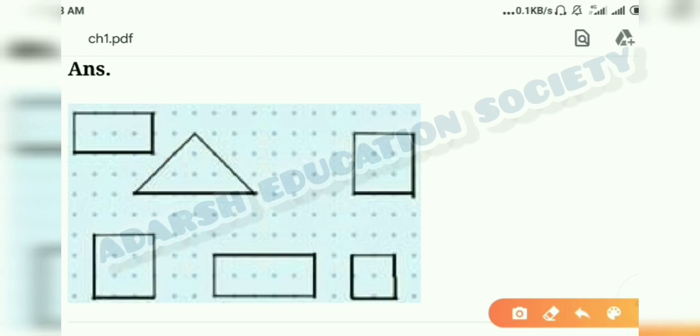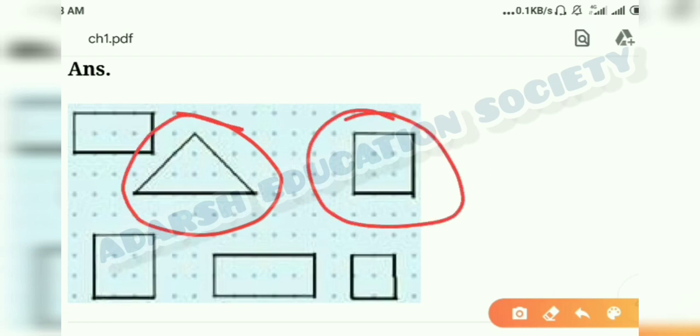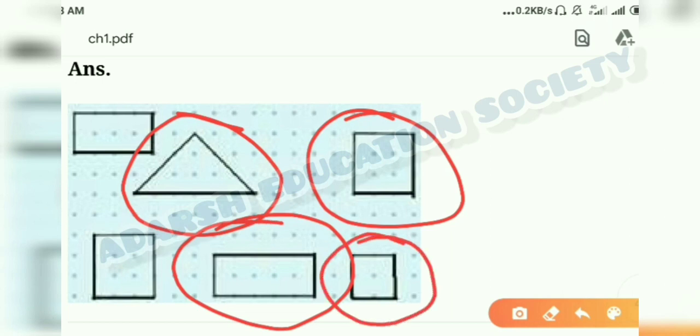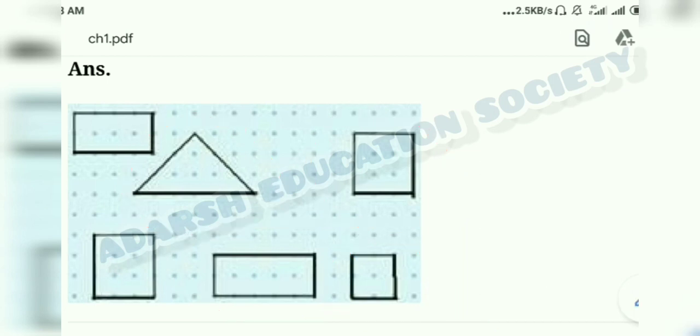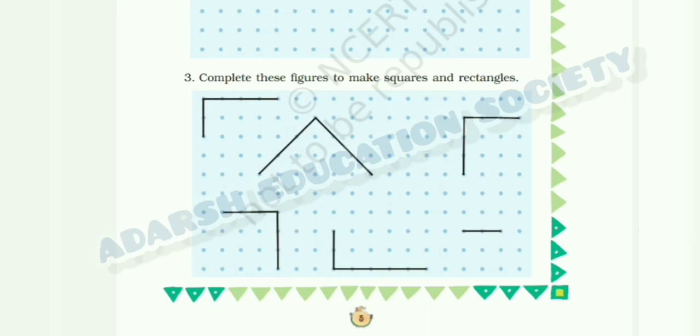Now second shape triangle, third shape square, fourth shape also square, fifth shape rectangle, and last one when we complete the line, this makes a square. Okay children? So these are different patterns you can make with dots.